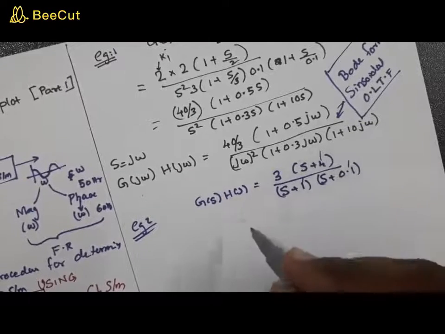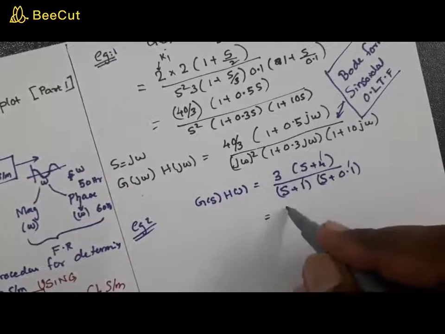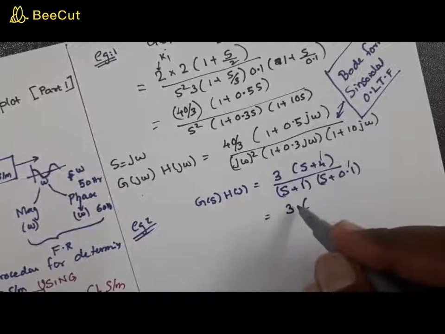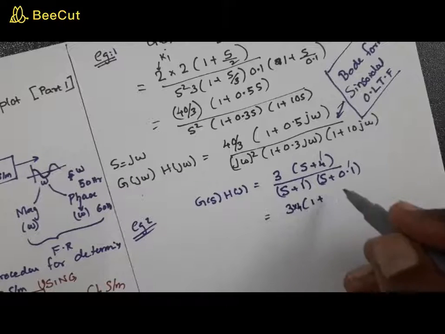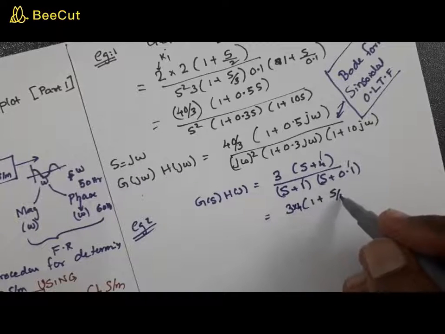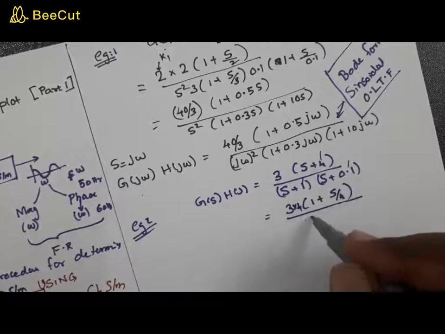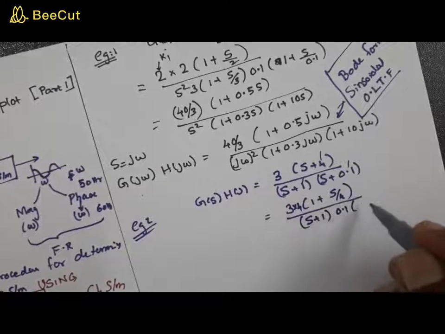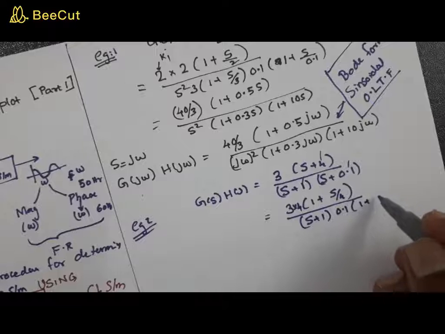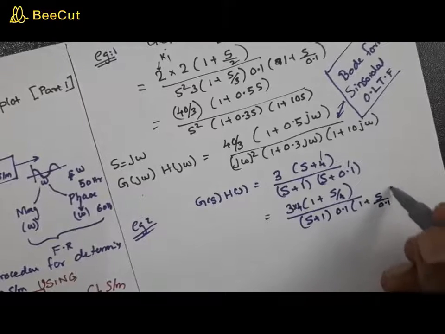So that this will be of the form, so this can be written as 3 into 4. You are taking 4 outside. So this will be 1 plus s by 4 divided by (s plus 1) into, when you take 0.1 outside, you will get 1 plus s by 0.1.